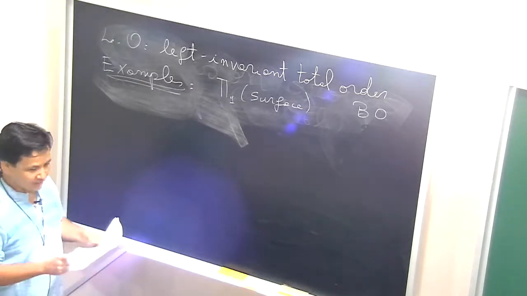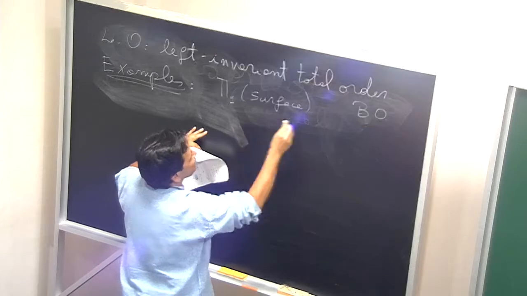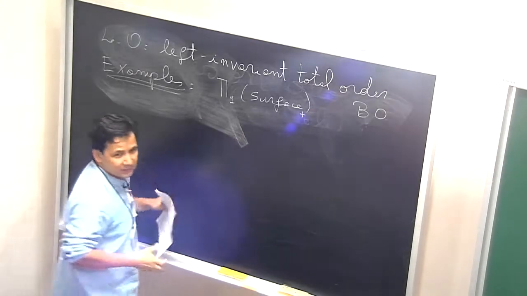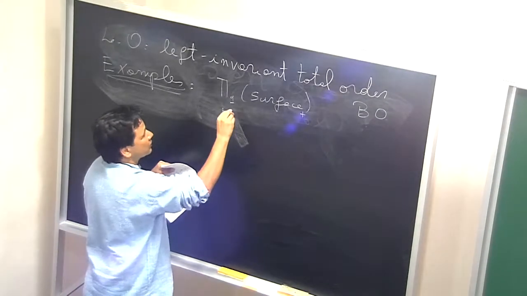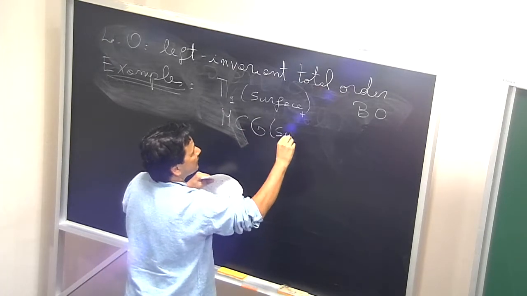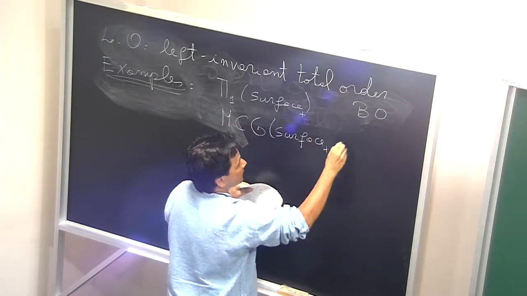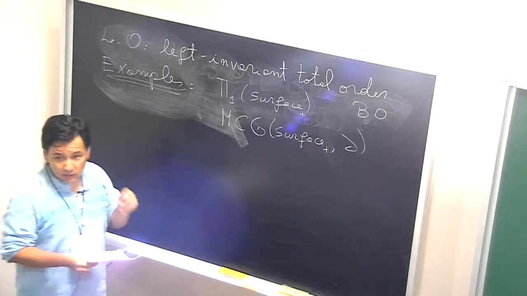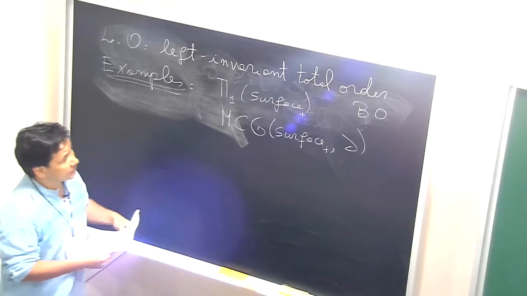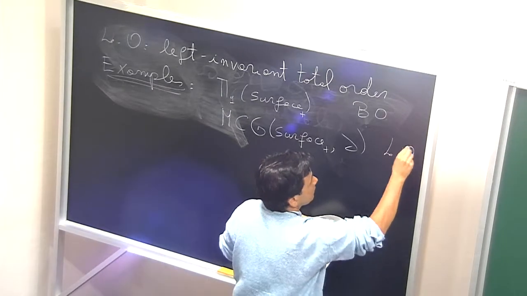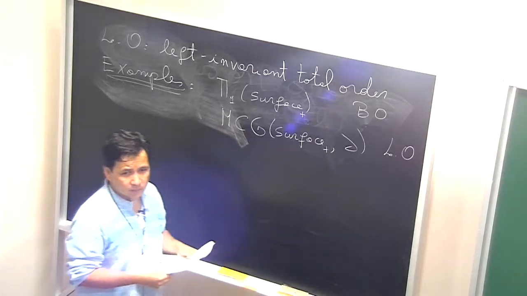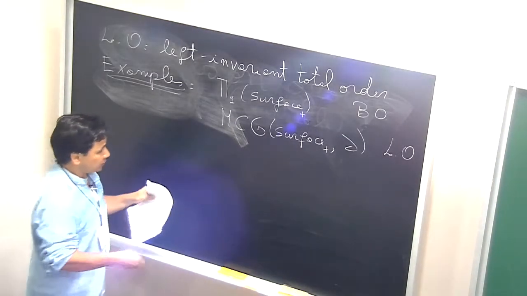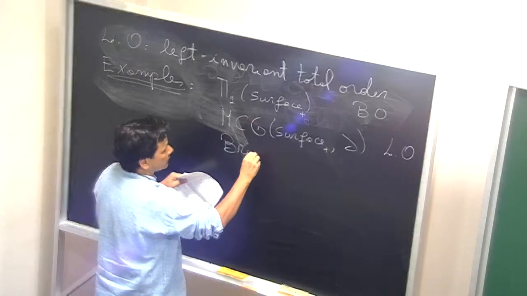Okay, so pi 1 of a surface, plus the mapping class group of a surface, I will put oriented and with some boundary. This is left orderable, and this was essentially proved by Nielsen, but actually it appears in the work of Thurston. Braid groups, this is really great.